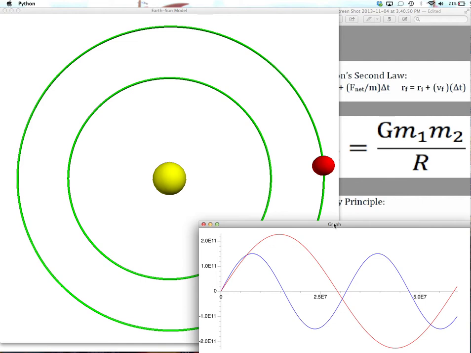As you can see, 1 full period is completed for Earth, almost 2, and a Mars year is completed. A Mars year is about 1.8 times an Earth year, which looks about right from the graph, seeing this period of Earth and almost completing a second one, and 1 period for Mars.